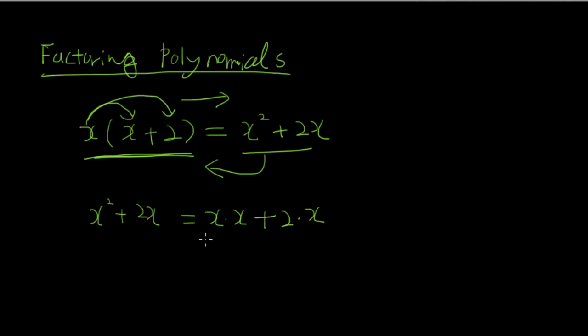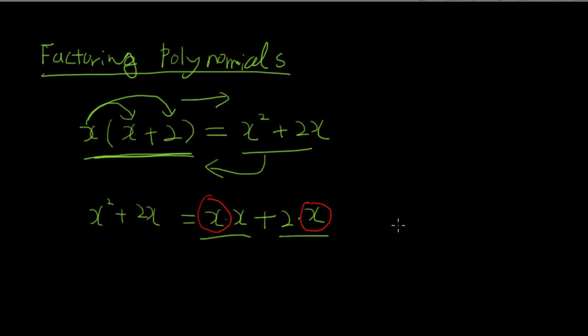Now you compare this term and this term. Do we have any common factor that you see from this and this? Well, we have x here and we have x there. We have this same x term.